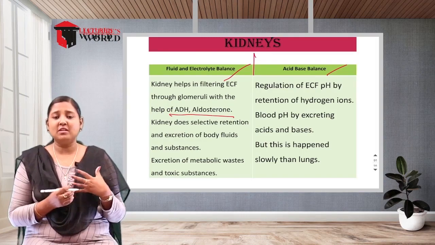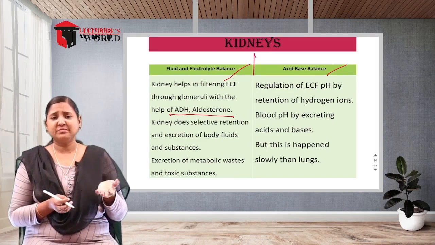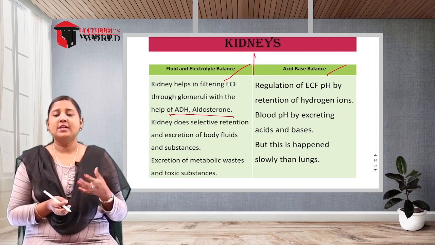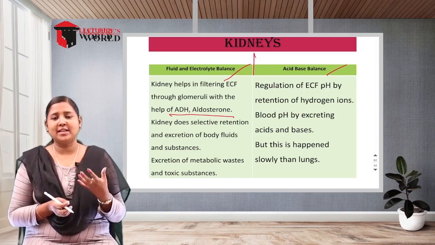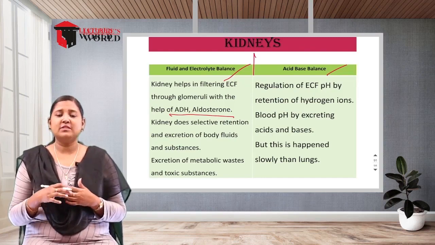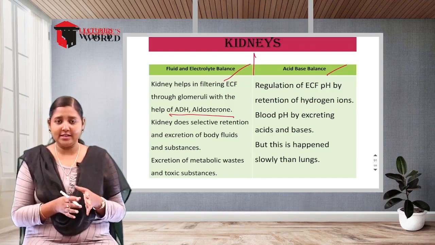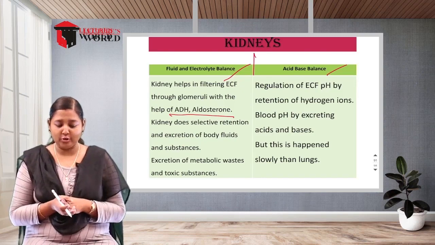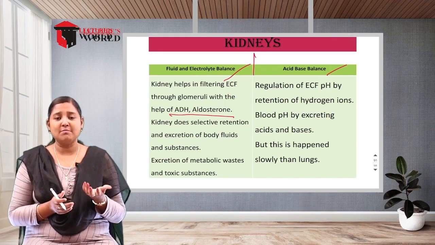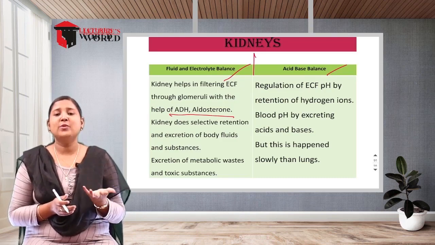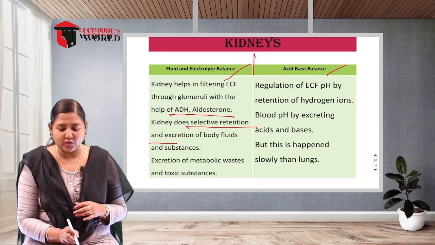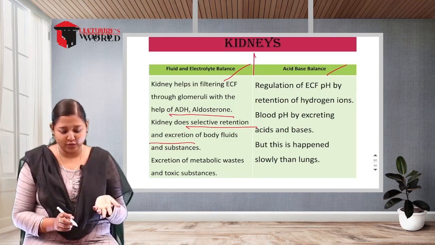All these will help in the excretion and reabsorption of certain things like water and sodium reabsorption, and other products like potassium and phosphate will be excreted from the tubules with the help of ADH and aldosterone. Excretion and reabsorption by the kidney will help the fluid and electrolytes get balanced.